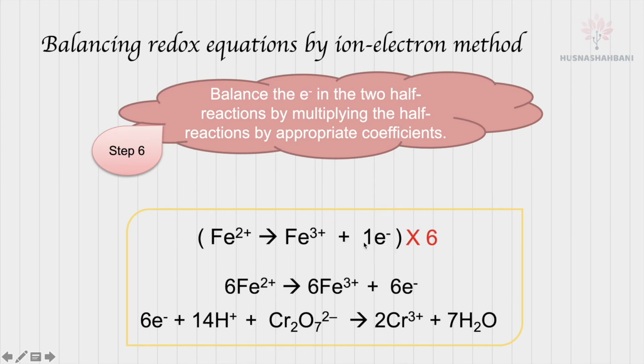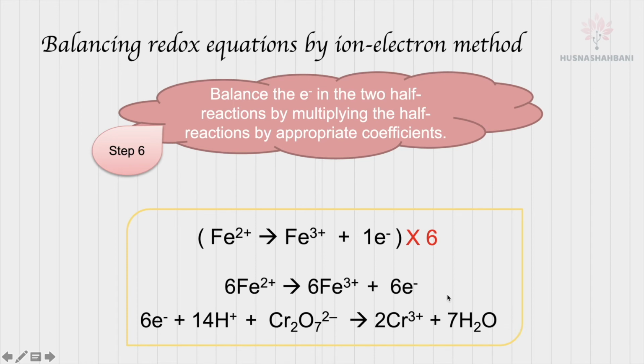If you multiply the electrons by 6, you have to multiply all the other elements or ion in the equation, becoming 6 Fe2 plus to 6 Fe3 plus and 6 electron, and copy back the half equation that you did previously. 6 electron plus 14H plus Cr2O7 2 minus becomes 2Cr3 plus 7H2O.